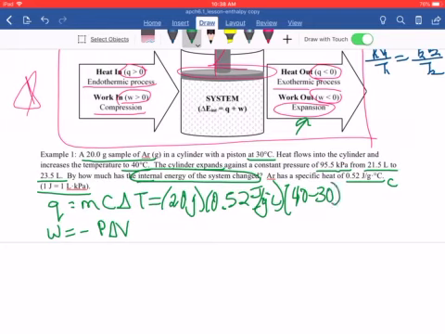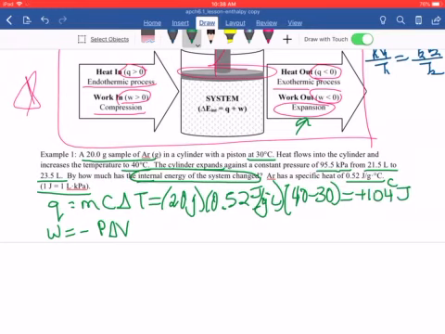So if we multiply all of that together, our heat comes out to approximately positive 104 joules, right?